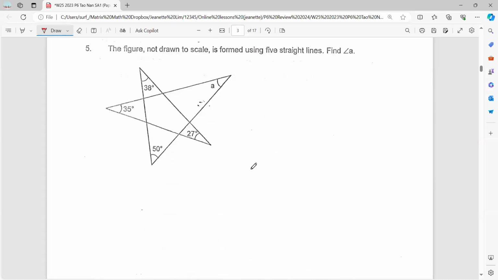Question 5. Figure not drawn to scale is formed using 5 straight lines. Find angle A. Okay, so to find angle A, I will need this angle here and this angle here. Let me highlight so that it's easier to see. Let's look at this triangle here.